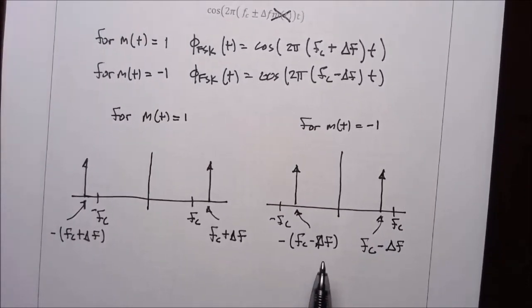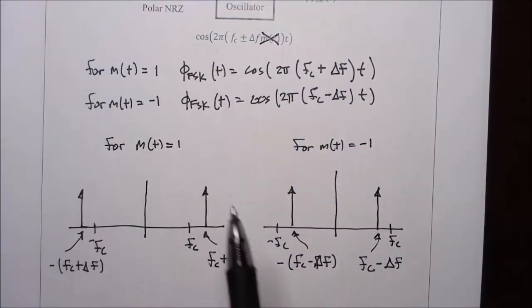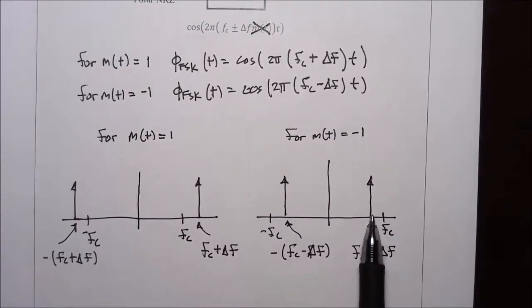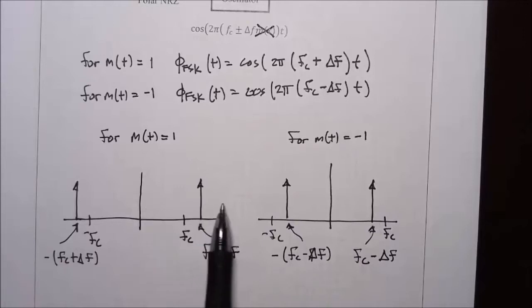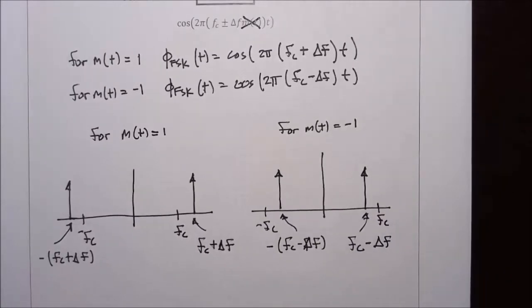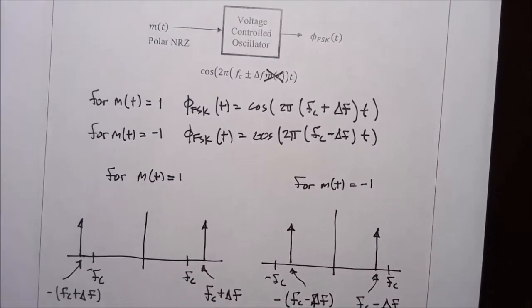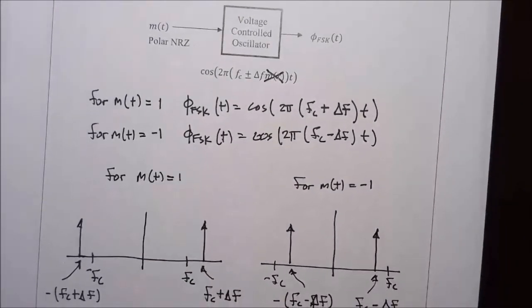Now when the message signal is a random binary signal that is changing rapidly, that will spread the spectrum of the frequency modulated signal beyond these 2 points, and we'll see that in the numerical simulation.